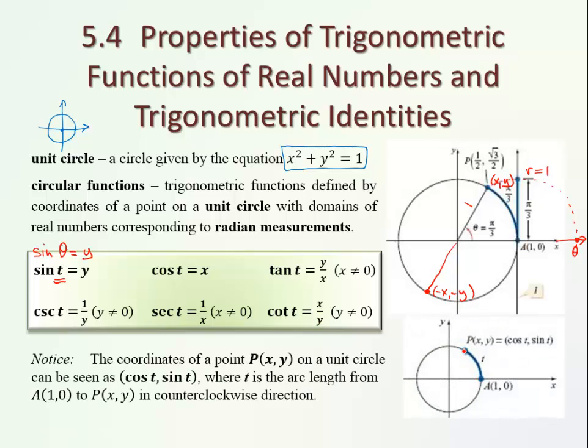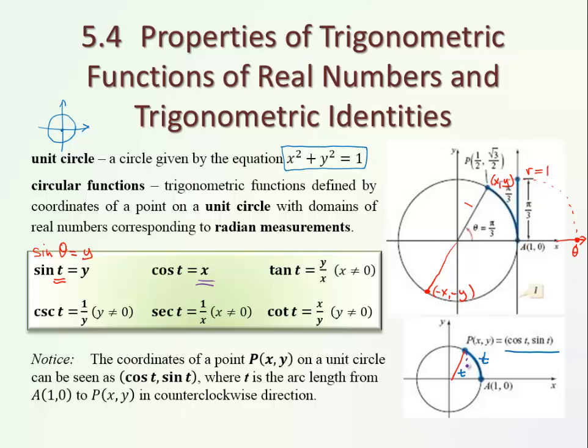Notice that a point on a unit circle that cuts off the arc of the length t, this t corresponds to the angle t, that's the same. Such a point will have coordinates cosine t and sine t. Well, why is it so? Cosine t, that's the x-coordinate.